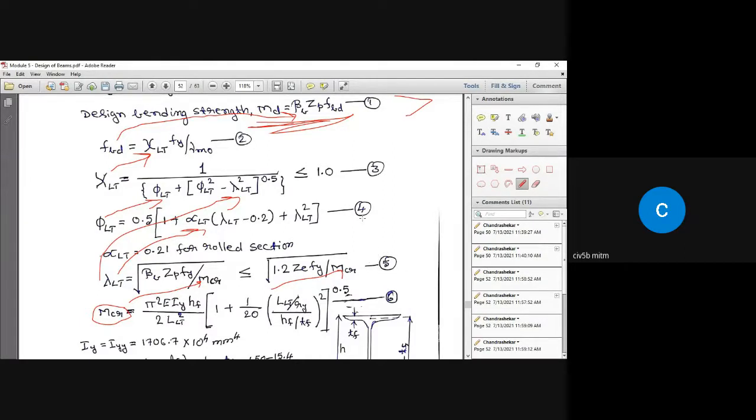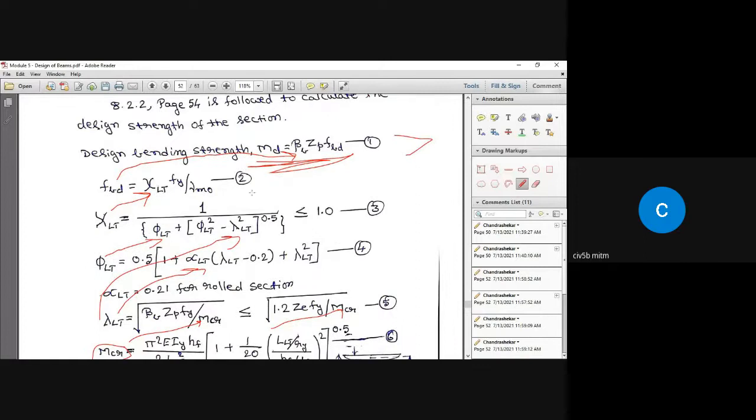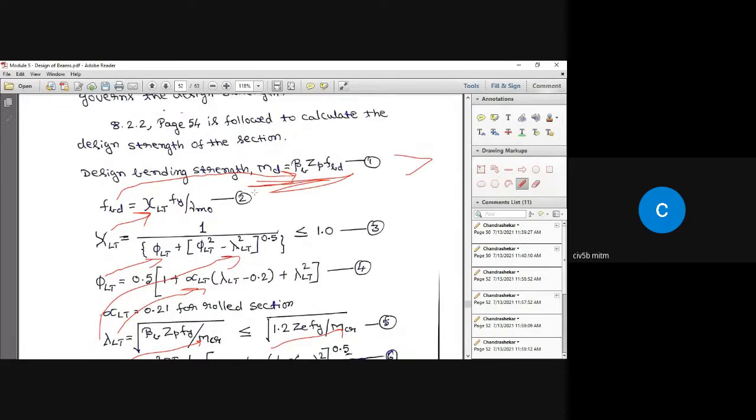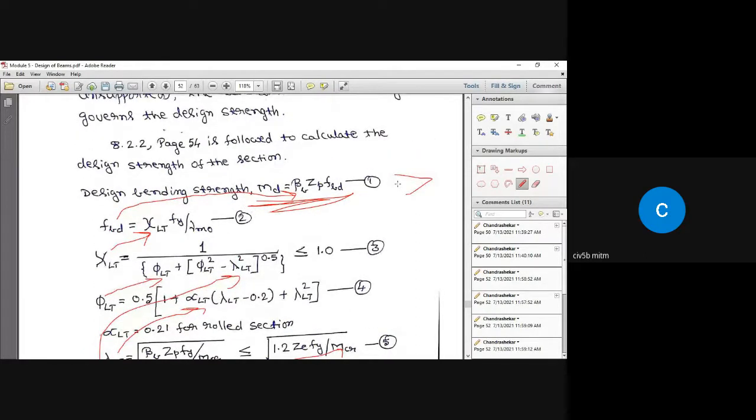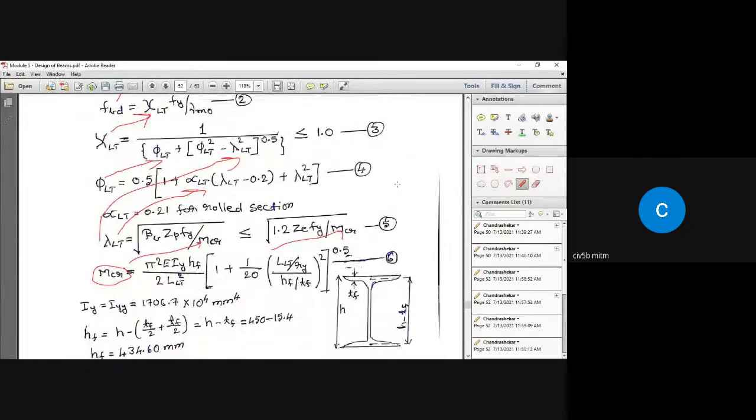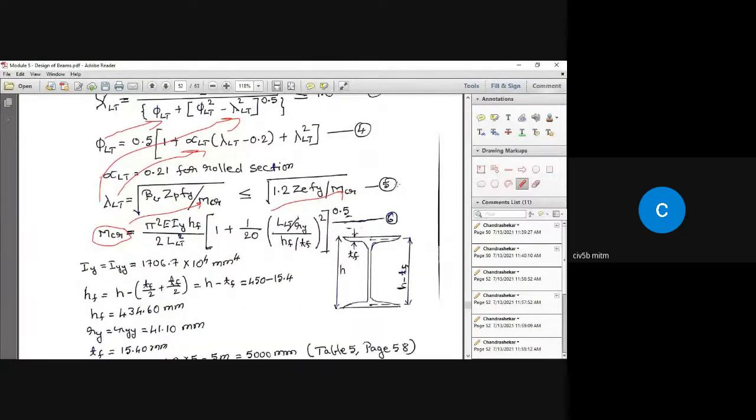Then go to equation 4, get phi LT, then go to equation 3, get chi LT, then go to equation 2, get FBD, then go to equation 1 to get MD value. So write those formulas and keep substituting the values and start moving upwards.